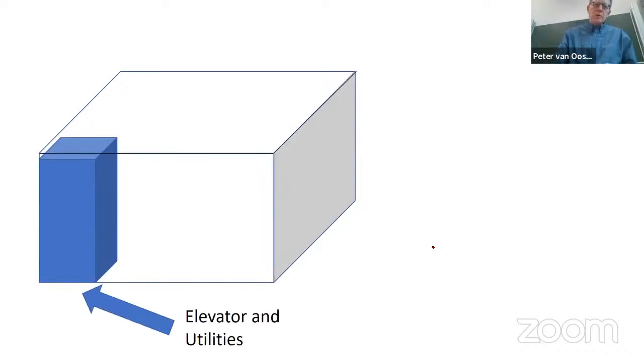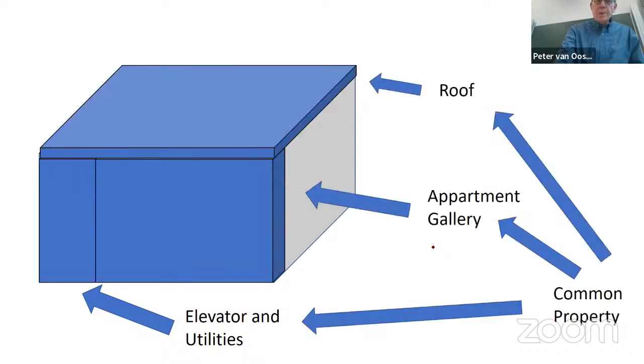And of course, the staircases or elevator and other utilities, also common. So all these building elements are common property and owned by the association of the apartment owners.